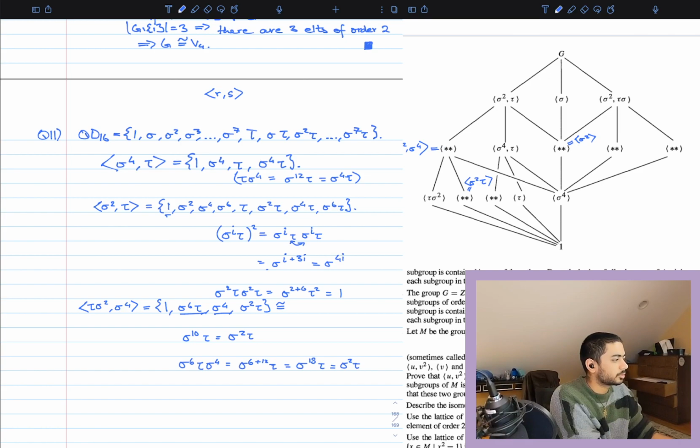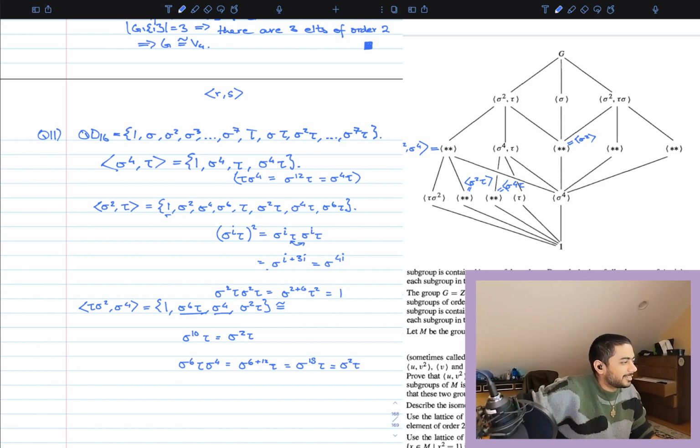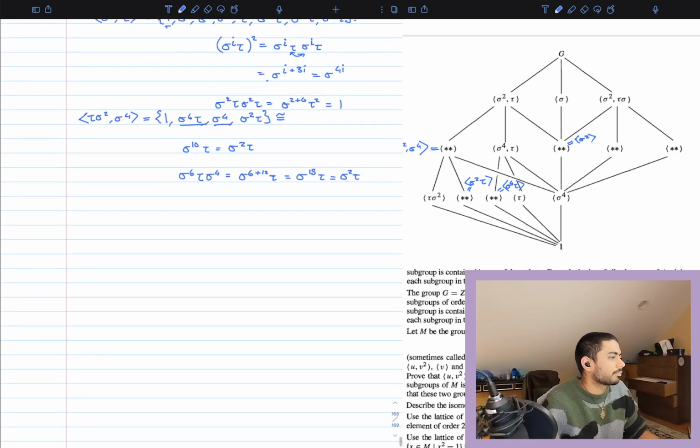Wait, didn't I also write down what this was? What was this? This was the other one. Sigma 4 tau. And now we need to figure out these two, and we'll be done. Okay.